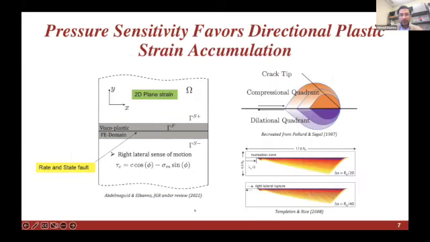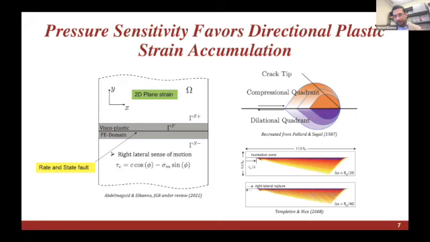So back to this point about the pressure sensitivity, I illustrate it with this figure, which shows a right propagating rupture tip on a fault with a right lateral sense of slip. And as you see here, the rupture tip would carry a perturbation in the mean stress such that the upper quadrant would experience more compression and the lower quadrant would experience a tensile perturbation and hence less compression.